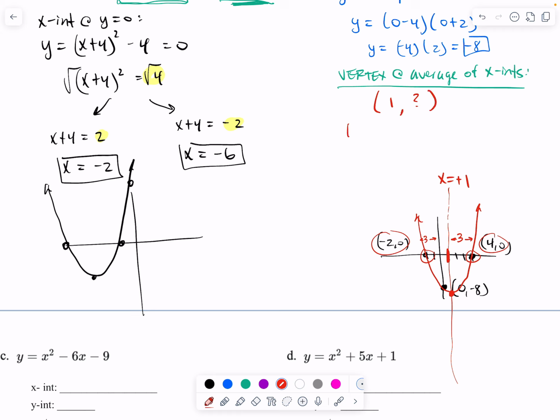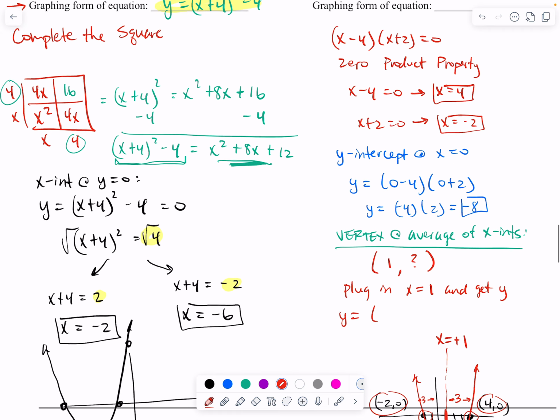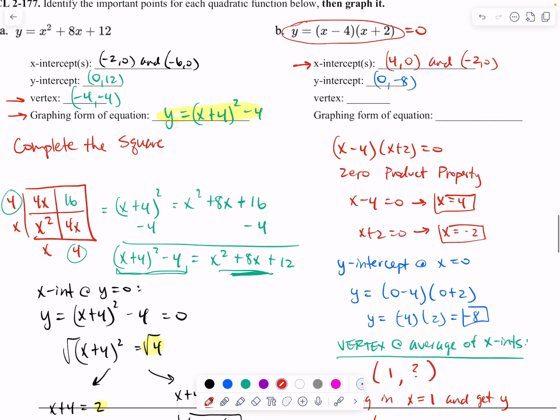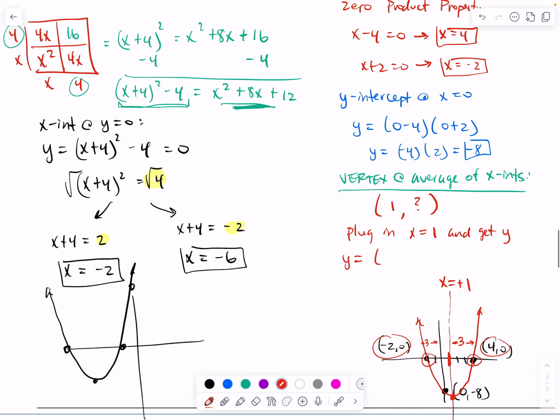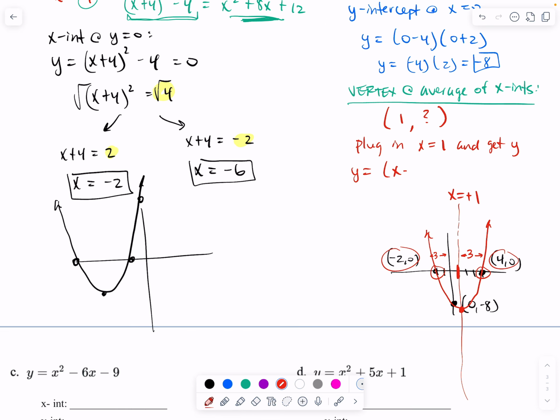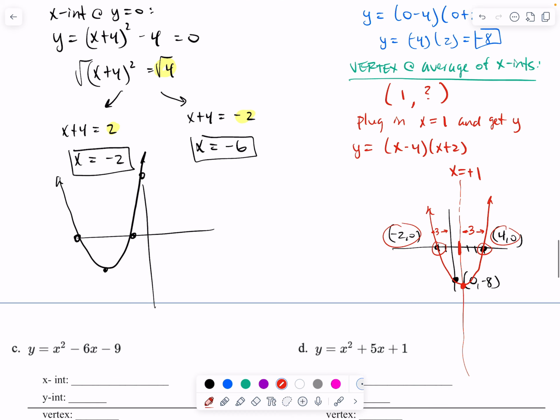So I'm going to plug in x equals 1 and get y. So here we go, y equals, and I'm going to go back to the original expression of the equation, right? x minus 4 times x plus 2. But of course, I want to plug in 1.